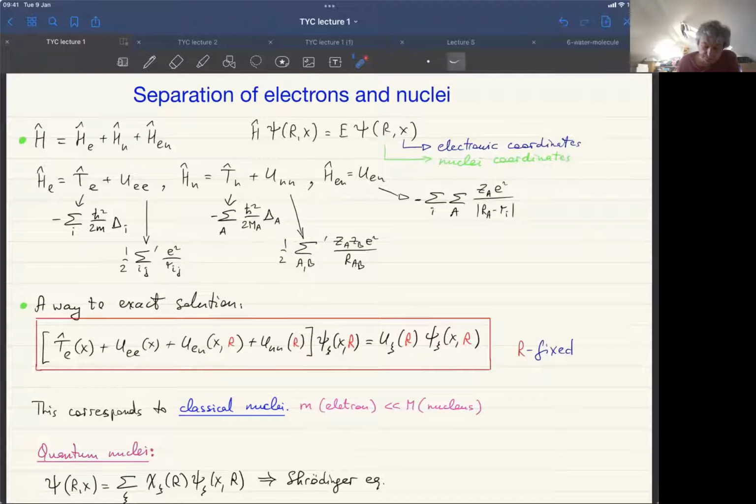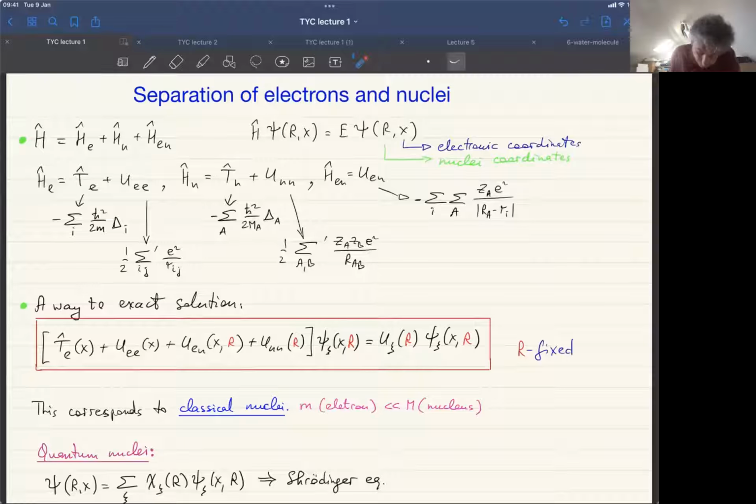So here you see an explicit expression for the particular terms in the Hamiltonian. Electronic Hamiltonian contains kinetic energy of the electrons, electron-electron interaction. Nuclear Hamiltonian contains also a kinetic energy for nuclei and interaction between nuclei. And the electron-nuclear interaction is just a Coulomb attraction between the 2 types of particles.